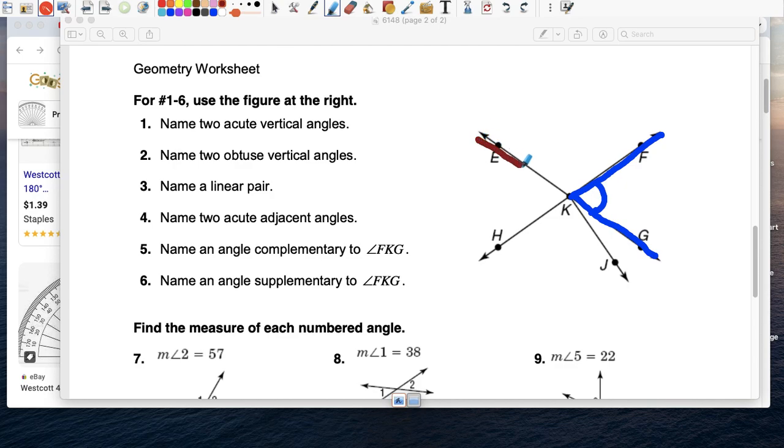So the supplementary angle to this one, the blue one, would be this one, and I'll do it in green right here. So the blue angle plus the green angle would give you 180, and the green one is angle EKF.